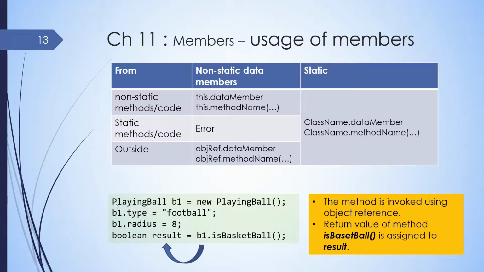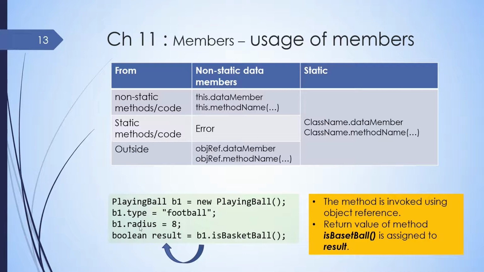We have playing ball, and we are creating a variable b1 and assigning it a new instance of playing ball. Now here we are doing b1 dot type. So we are using the object reference b1 to access the data member type, and we are assigning the football string to it.